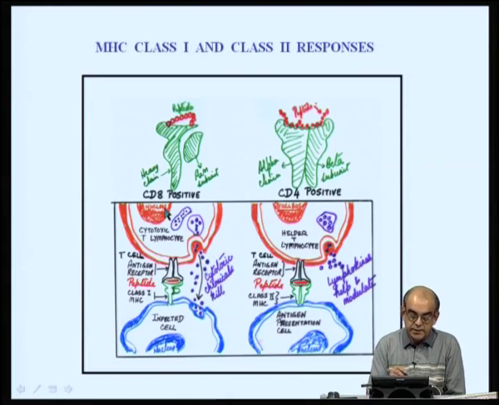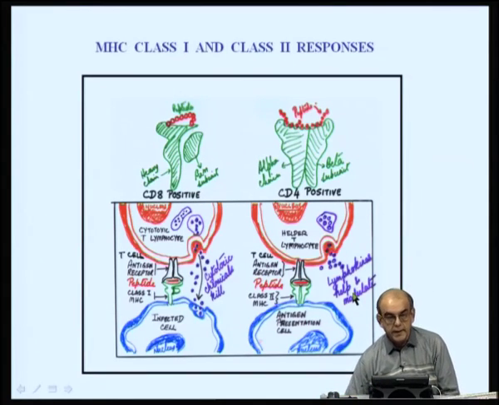So, as opposed to CD8 positive T cells, which take part in killing, CD4 positive T cells take part in the synthesis of lymphokines upon activation, resulting due to the recognition of the MHC2 molecule by the T cell receptor.